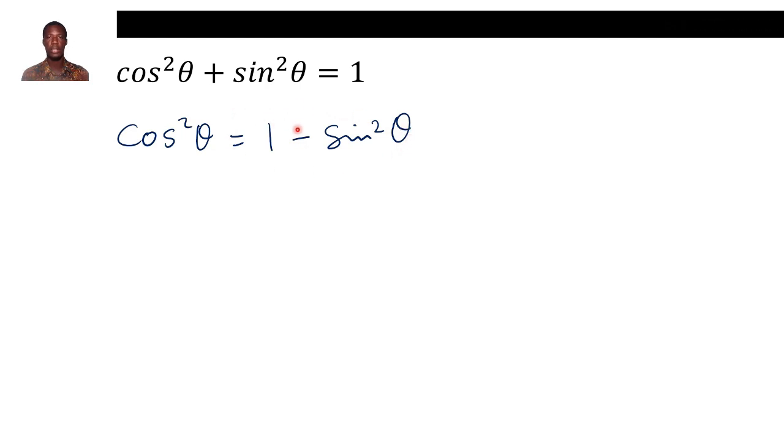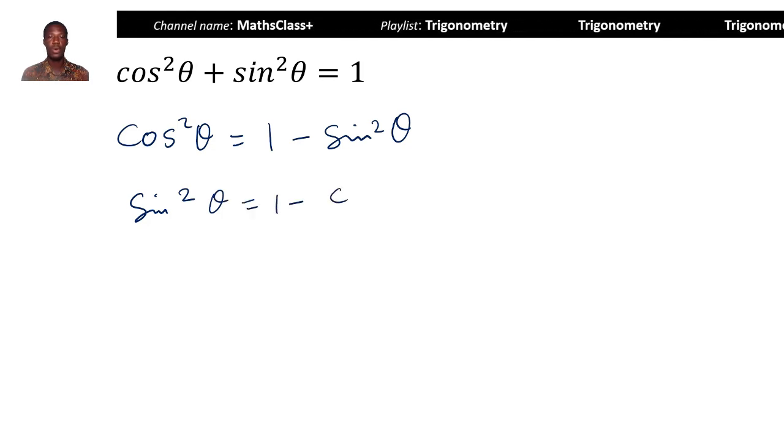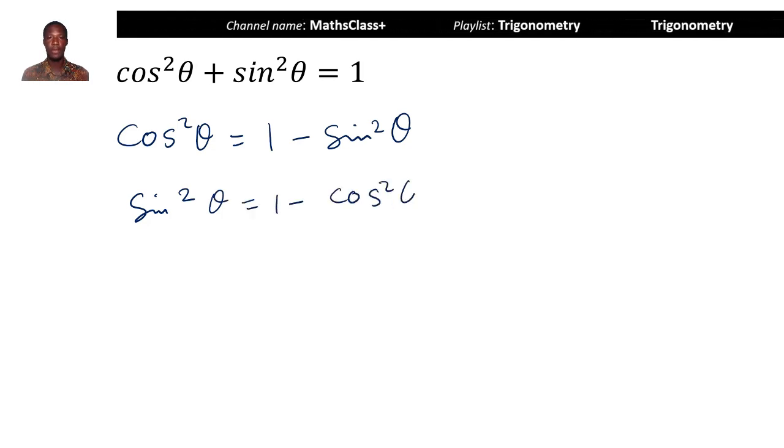You get it? And then vice versa. If you have cos squared theta, you can change it to 1 minus sine squared theta. Another way this may appear is sine squared theta is equal to 1 minus cos squared theta. So we can rearrange them to appear like this as well. Okay.